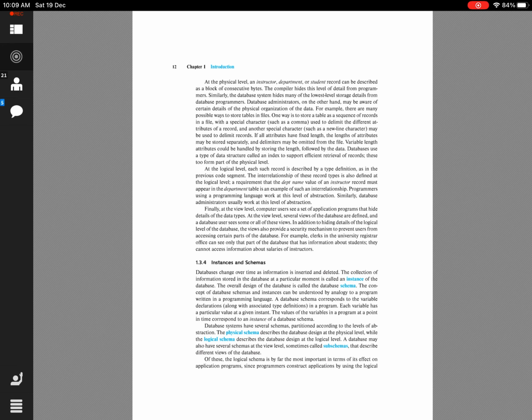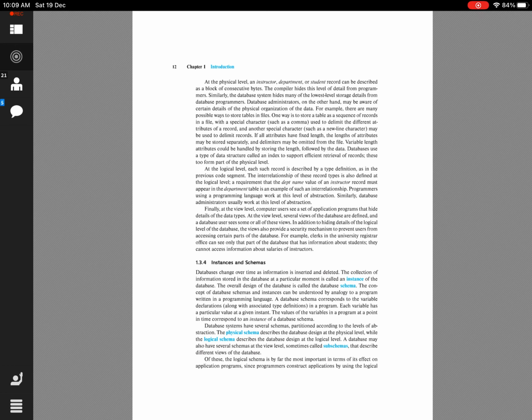For more information about how these three levels of the database design work, you have to study more about some explanations here. What are instances and schemas?